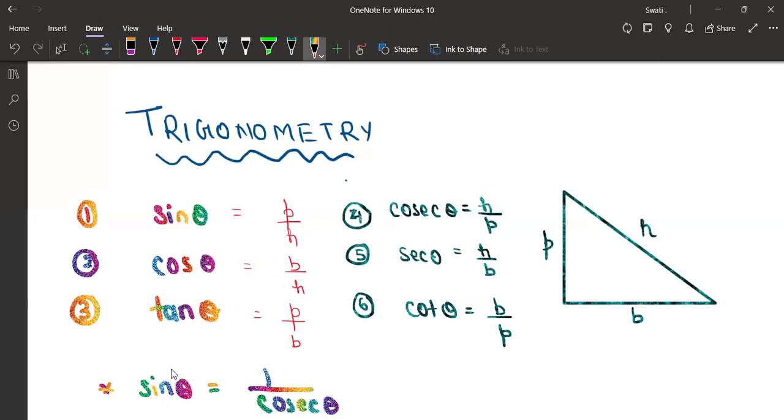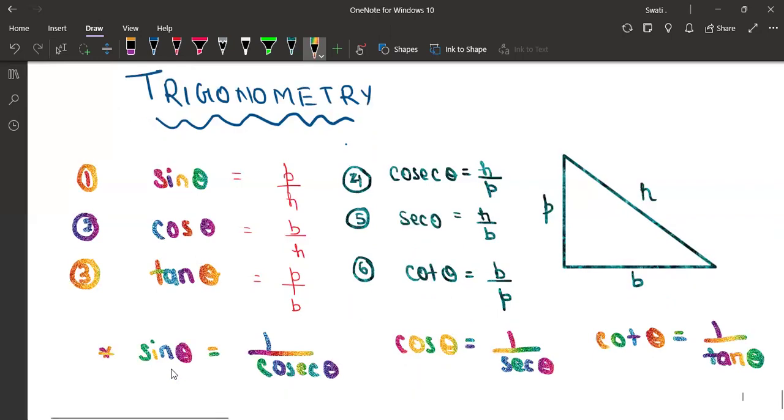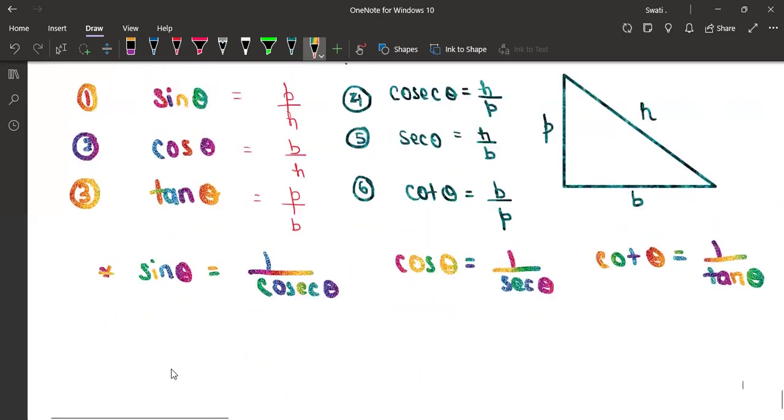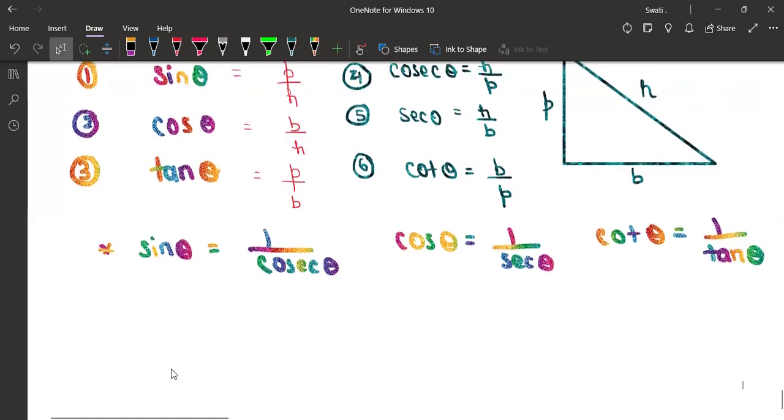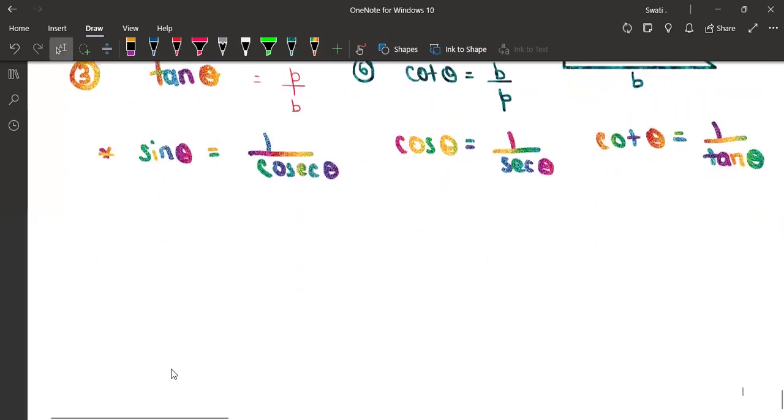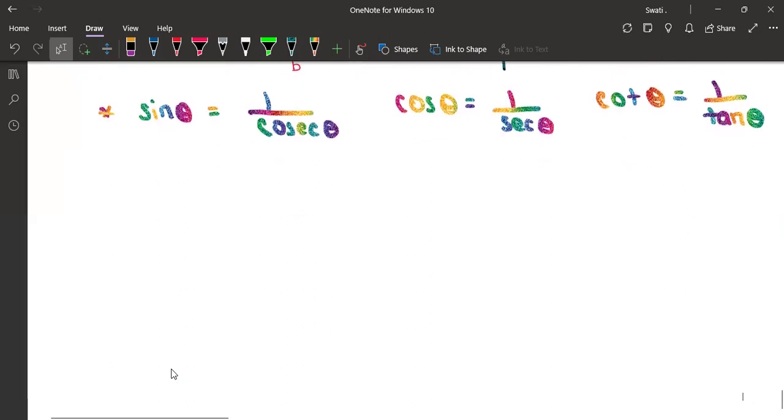In the same way, cos theta is 1 upon sec theta, and cot theta is equal to 1 upon tan theta. Is this formula very clear? If you want to do one question, we can, but I would advise you, let us do the other formulas also, and then we'll do the questions. Okay, Maya?